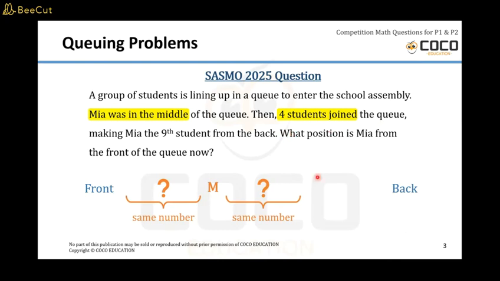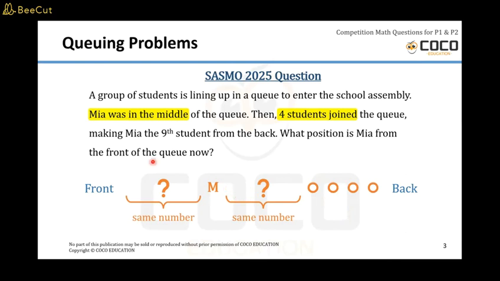What can we do? We can actually use circles to represent the students. So we can draw 4 circles like this. 1, 2, 3, 4. So there are 4 students here, but we still don't know how many students are behind Mia and in front of Mia.